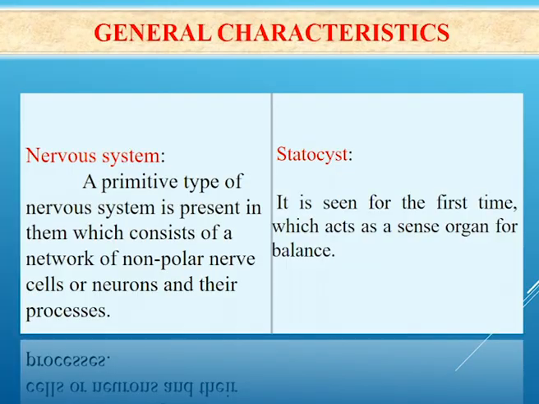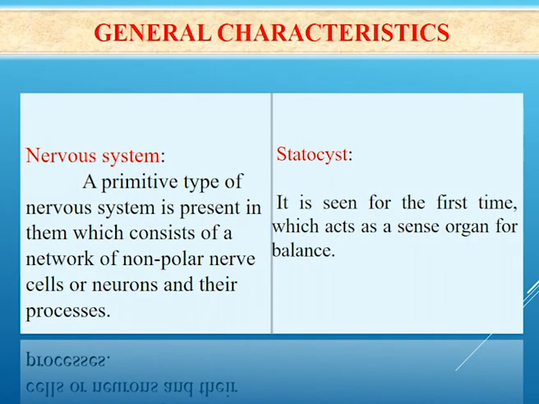Other than corals, we don't find a calcareous exoskeleton in other kinds of coelenterates. The nervous system is quite primitive, consisting of a network of non-polar nerve cells or neurons and their processes. In addition, we also find statocysts, which are present as a sense organ of balance.